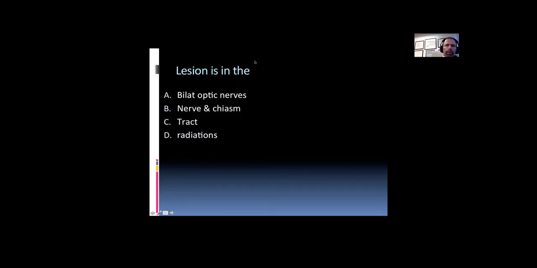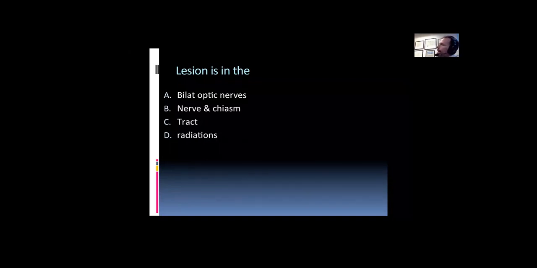Okay. So here are your choices. Where is the lesion? Is it in both of the optic nerves? Is it the nerve and chiasm? Is it the optic tract? Or could it be the optic radiations? So optic radiations by definition would be after the lateral geniculate body.